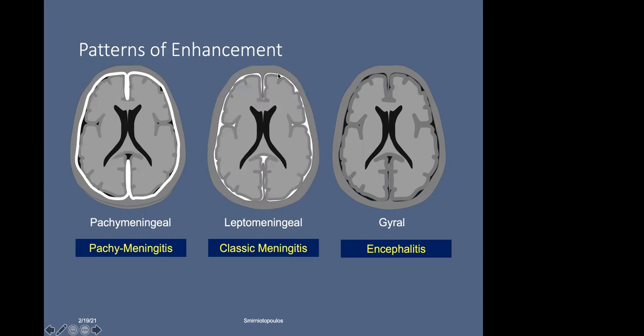Leptomeningitis, on the other hand, will have enhancement involving the sulci, because arachnoid and pia actually go deeper into the sulci. Infection that involves only the gray matter mostly, like prion disease or rabies, etc., will enhance in the gray matter of the brain.